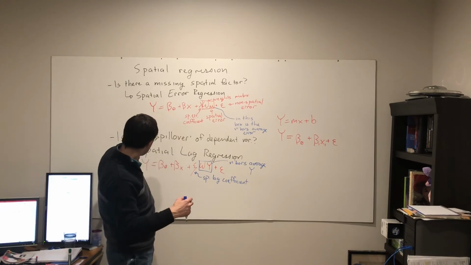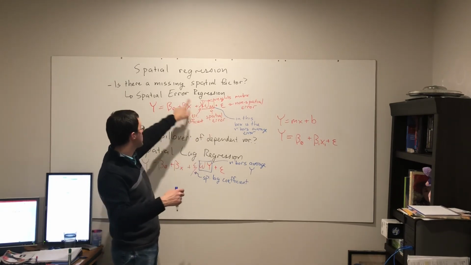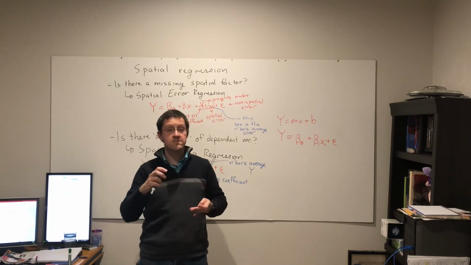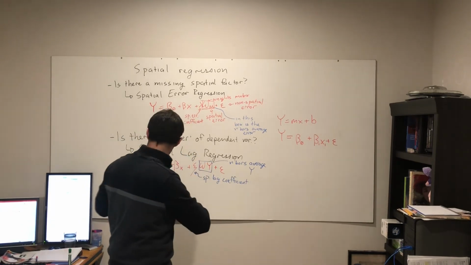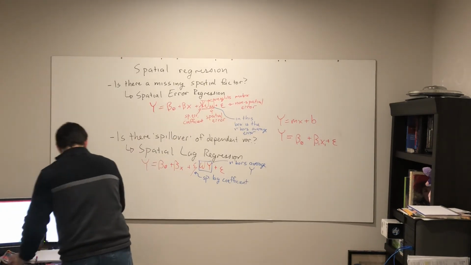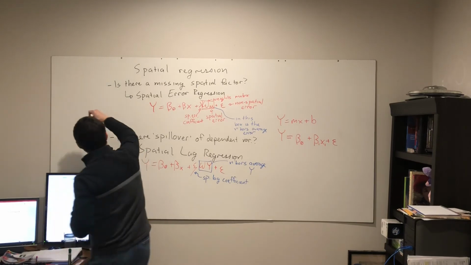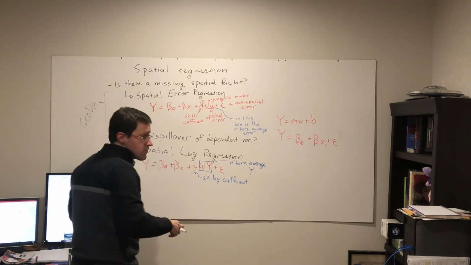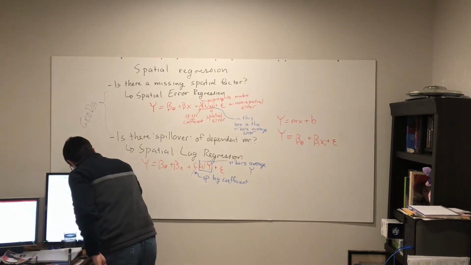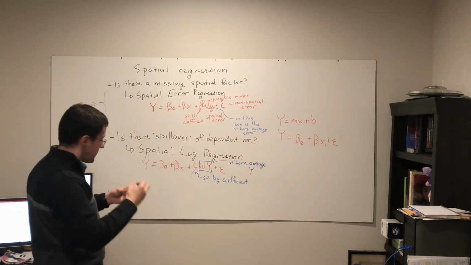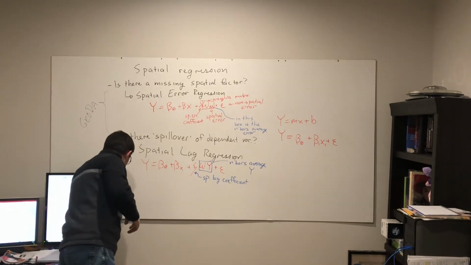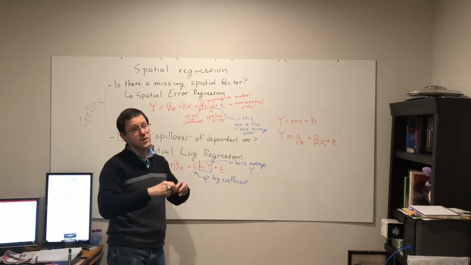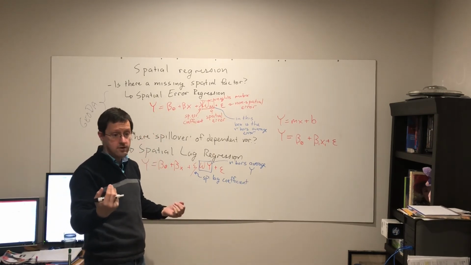But they are, as you can see here, whether it's spillover of the dependent variable or just some missing spatial process, their interpretations are different even if the answers are often similar. These two are in Geoda. In ArcGIS, we have a third version of spatial regression. As I said, it's not going to be on the lab because we aren't guaranteed access to Arc.